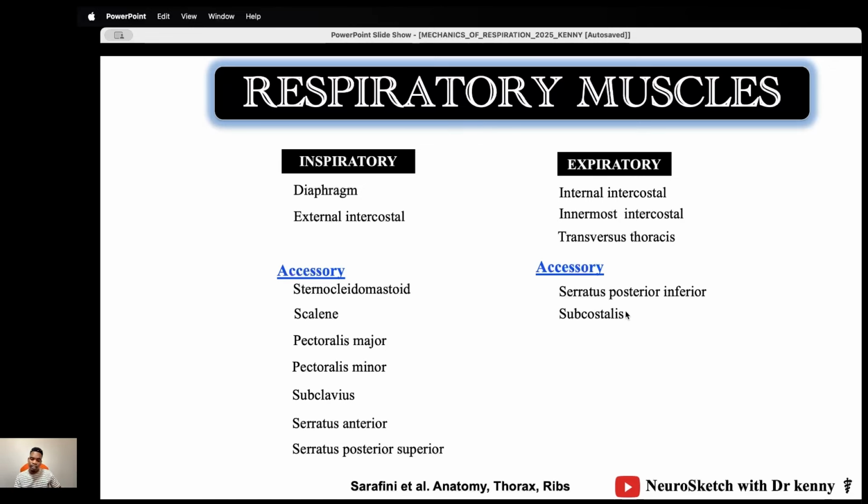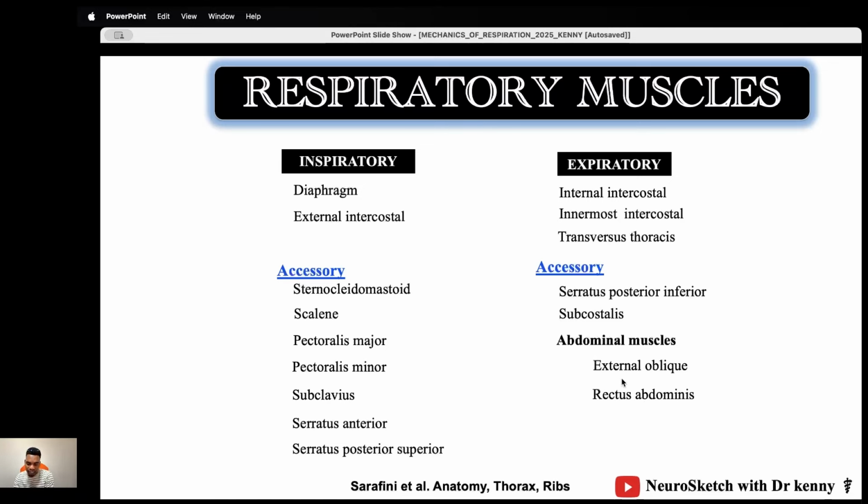The subcostalis works in a similar fashion as the serratus posterior inferior, but we also have the abdominal muscles. Don't concentrate on the muscles that we haven't discussed yet. As we'll be discussing the muscles, they will become evident. Okay, so we have the abdominal muscles of the anterior abdominal wall, for example, the external oblique muscle, the rectus abdominis.